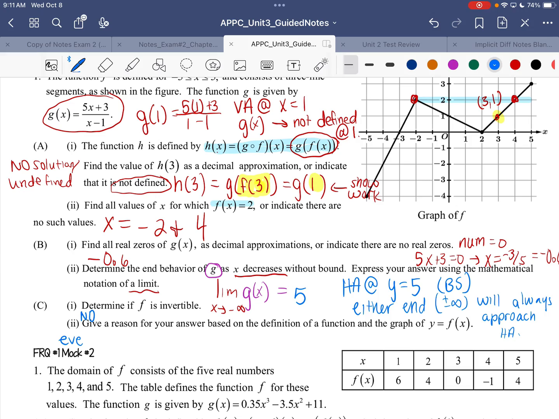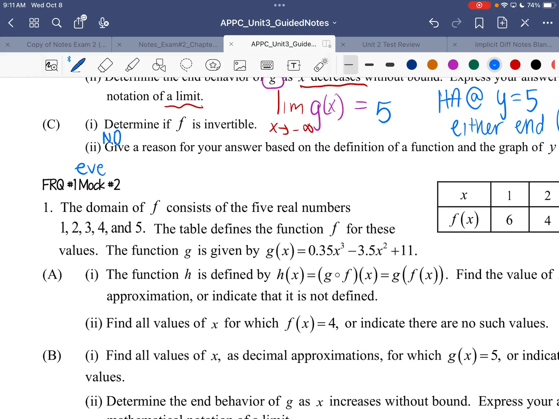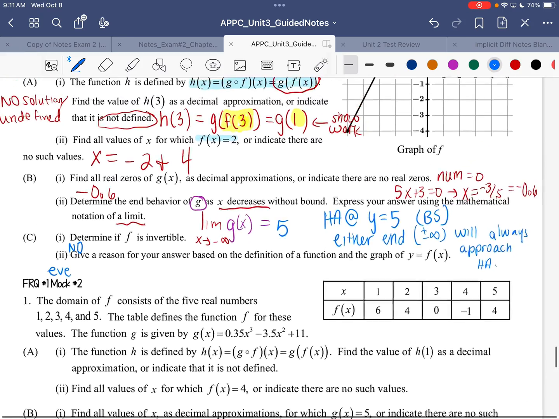And the reason to justify, FRQ 1C is always about being invertible. I think there's one other option, but I think it's always invertible. So is it invertible, yes or no? No, because, and the reason can't be it fails the horizontal line test.